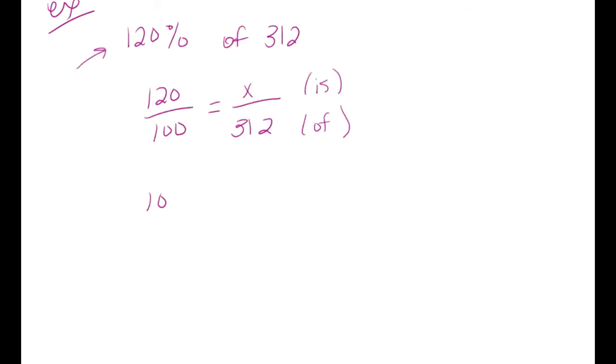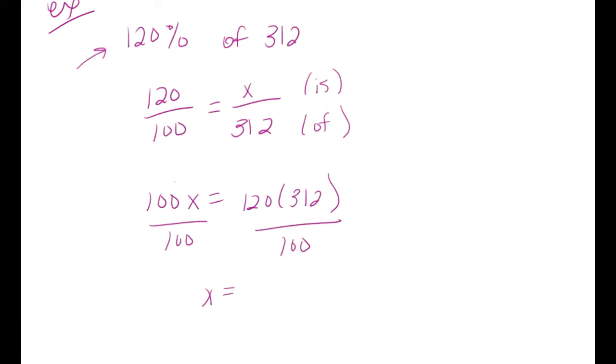Now we're going to cross multiply: 100 times x equals 120 times 312. We divide both sides by 100, and x is going to equal 374.4. So make sure that you're doing that math computation and that you're getting the same answer.